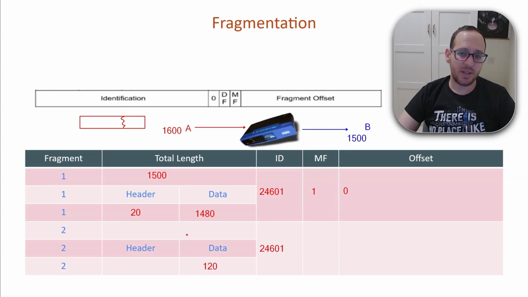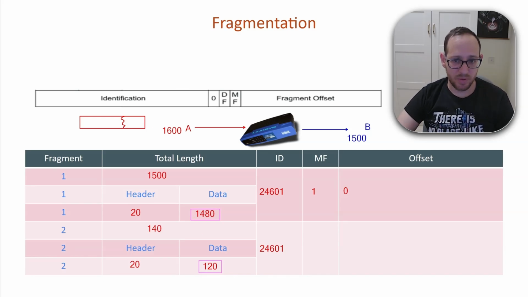We'll also send the header, which is, again, minimum 20 bytes, which means the total length is going to be 140 bytes. So again, we have the header of 20 bytes, the remaining data of 120, calculated by saying that 120 plus 1480 is 1600, what we were originally trying to send. Overall, we get a total length of 140. The idea is the same as of fragment 1.